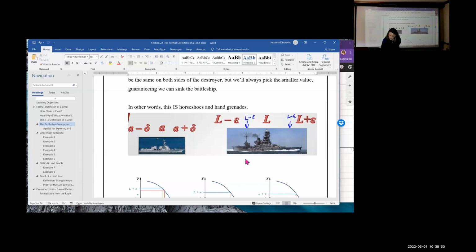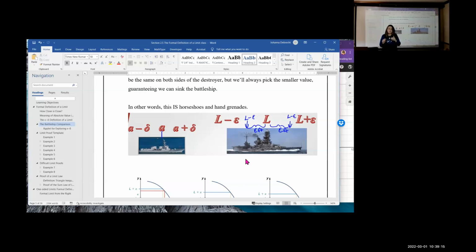Remember, epsilon is just a distance. This is epsilon feet from the center of the battleship. A is the location of the center of the destroyer. So A is right here in the middle of the destroyer.